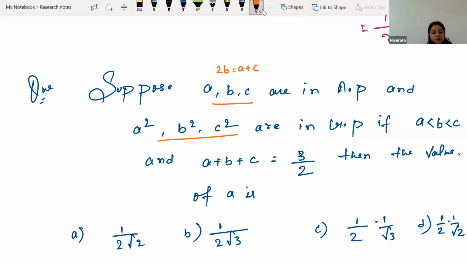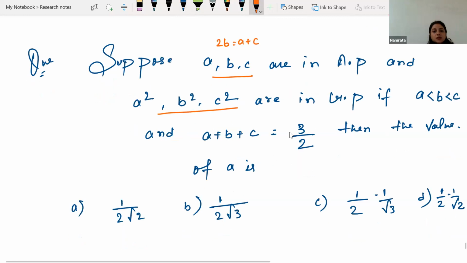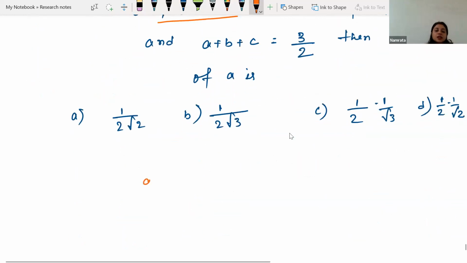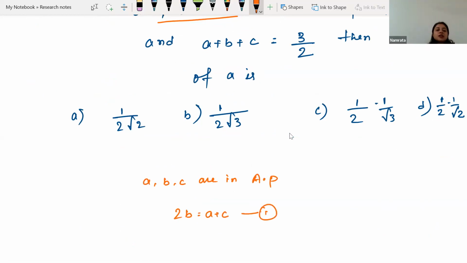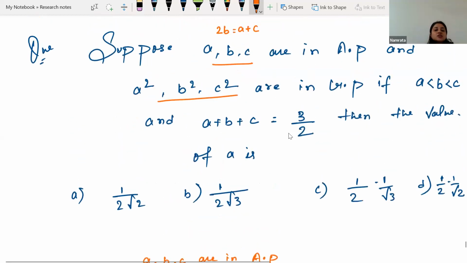Yes, ma'am. Let's write it. A, B, C are in AP. Then we can write twice B is equal to A plus C. Equation number 1. Now the next condition says A square, B square, C square are in GP.